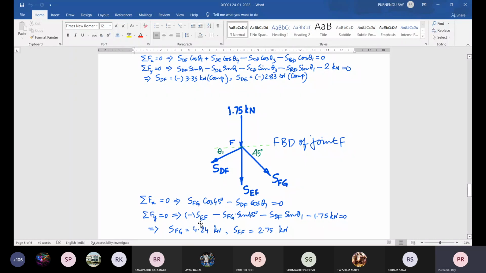So EF is directly negative, minus S_EF. S_FG sine 45 degrees negative. S_DF sine theta 1 negative. And sigma Fx equals 0: S_FG cosine 45 degrees minus S_DF cosine theta 1, no contribution from this vertical force of 1.75 kilonewton, and this is the member force S_EF developing in the member EF.